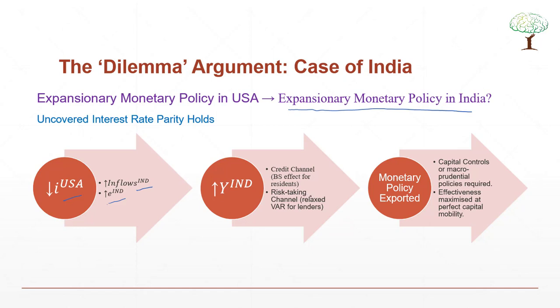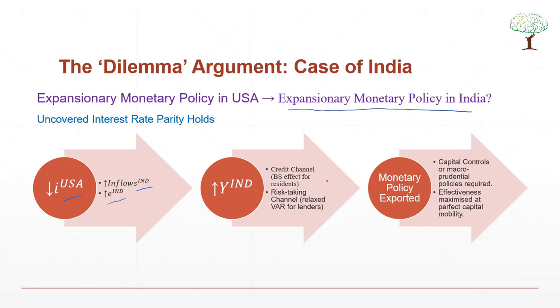The risk-taking channel also gets influenced, because there is a relaxed VaR, value at risk, for lenders. What this also implies is that since there are capital flows, there is a lot of liquidity. The market value of the overseas lender's investments goes up, so they are able to lend more to all entities across the globe, including in India.